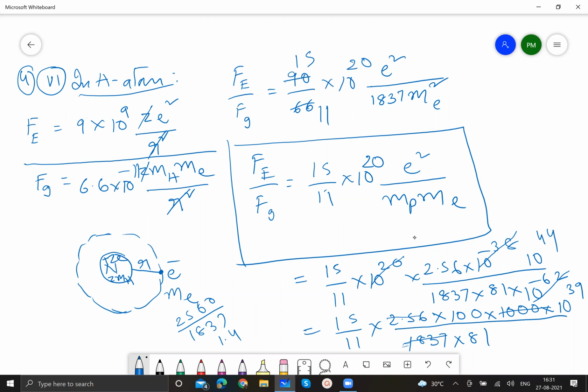And 100 by 81 is nearly 1.2. So 15 by 11 is about 1.4 too. So nearly it will come out to be around 2 into 10 to the power of 39. Nearest value, 2 point something you will get.